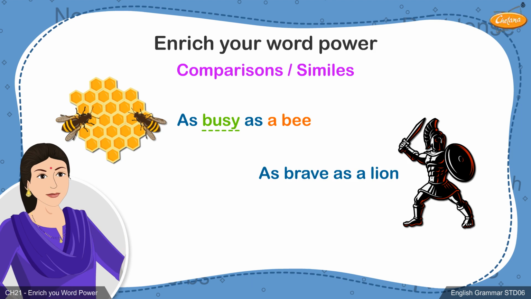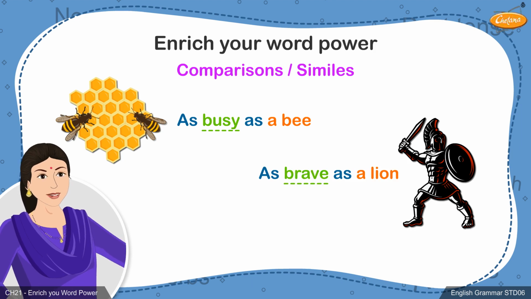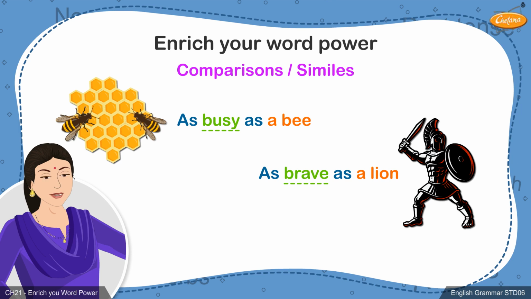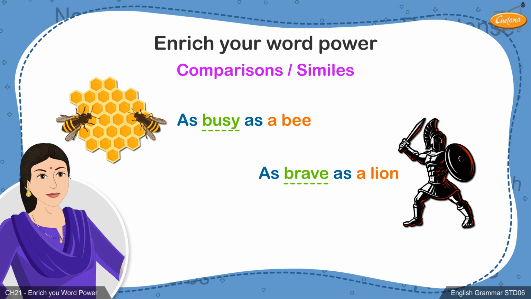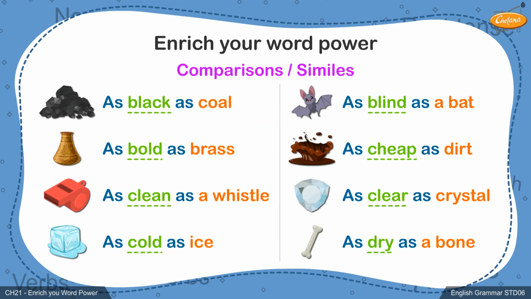Here, the attribute of bravery is highlighted and the comparison is between the bravery of a man to that of a fierce lion. As cool as a cucumber. Here, the quality of remaining calm and cool is highlighted as the person is compared to a cucumber. You can read more examples of such comparisons and similes in your workbook.